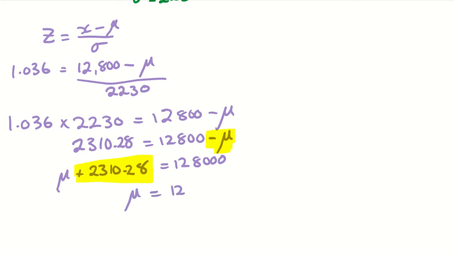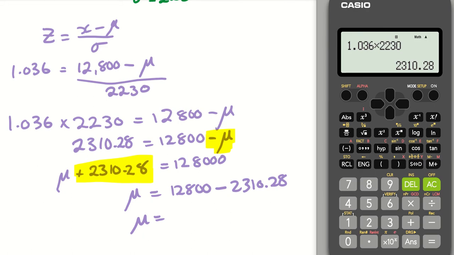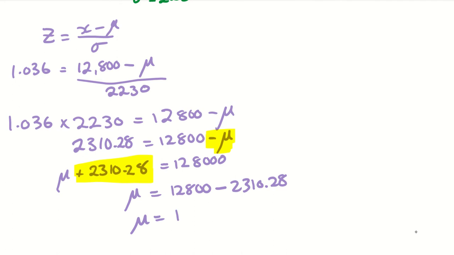So the mean is 12,800 minus 2,310.28, and that will give us 10,489.72, and that would be kilojoules.